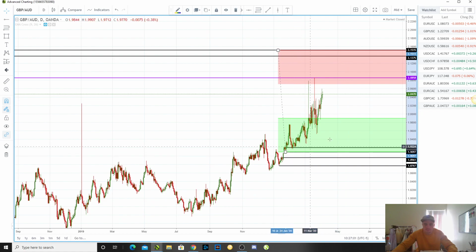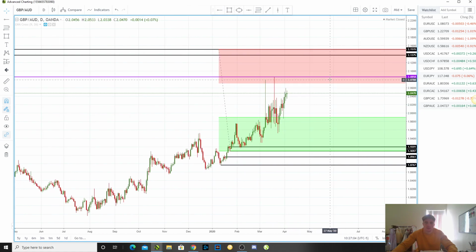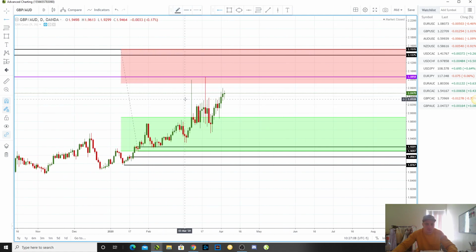So yeah, count that as the level. Then get these gray lines up here for the 240 levels.